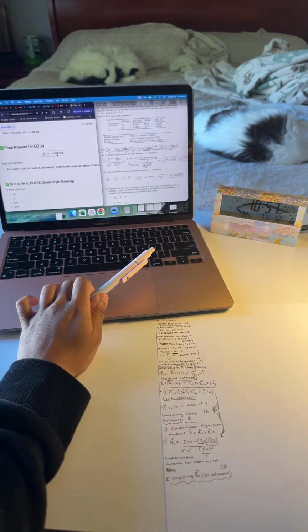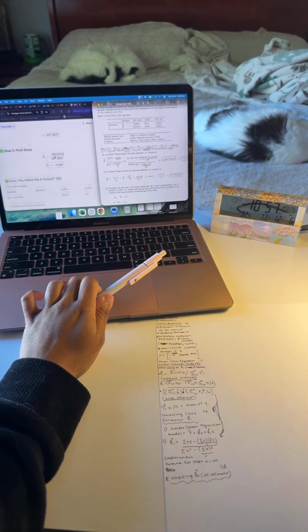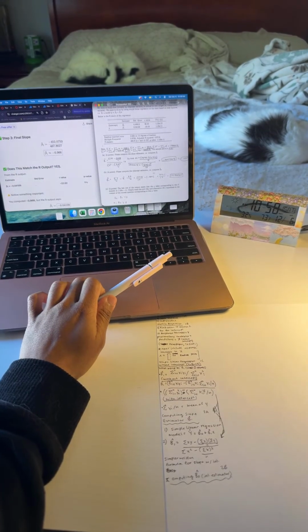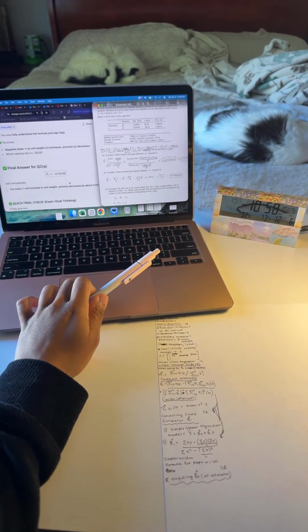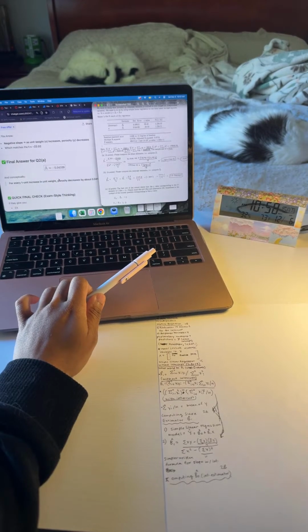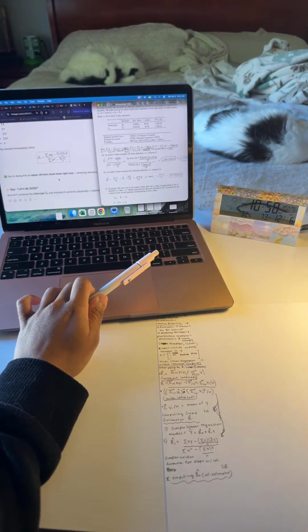How come this is the final answer when you literally calculated this final slope? That's weird. I don't understand that. Hold on.